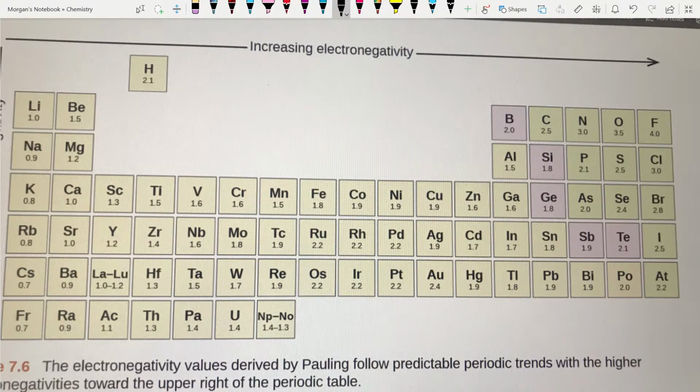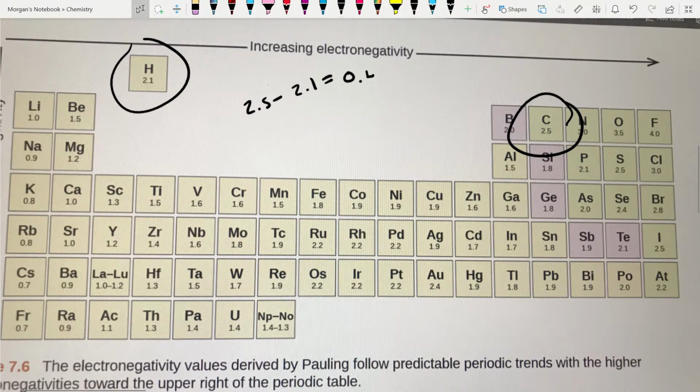So we find carbon right over here in the corner has an electronegativity of 2.5. Hydrogen over here has an electronegativity of 2.1. You subtract, and we get an electronegativity difference of 0.4. So that's right at that threshold. That would make this a polar bond. Anything under 0.4 is going to be pretty much a pure covalent bond.